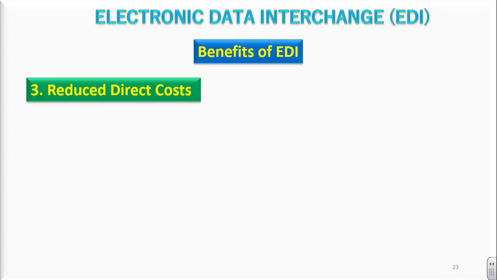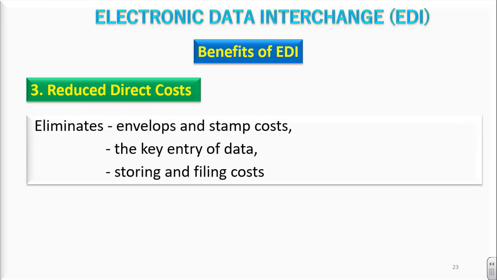Third, reduce direct cost. It eliminates the envelope and stamp cost, and the key entry of data. The data will be entered only at one place and it will not be repeated at any place at any cost. The next one is it has reduced the storing and filing cost.